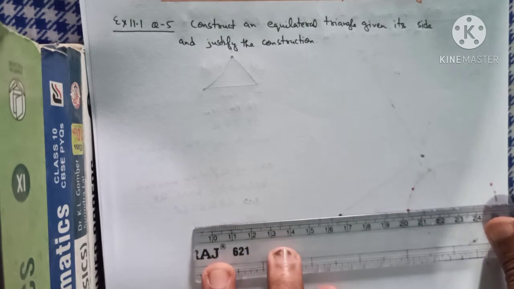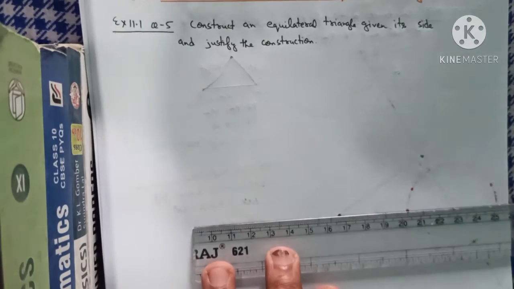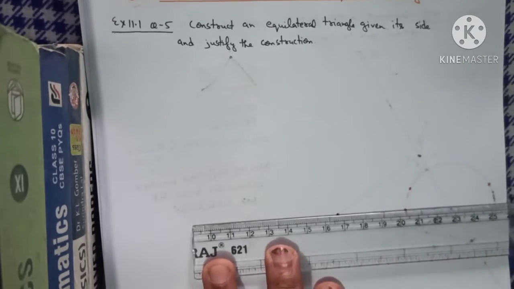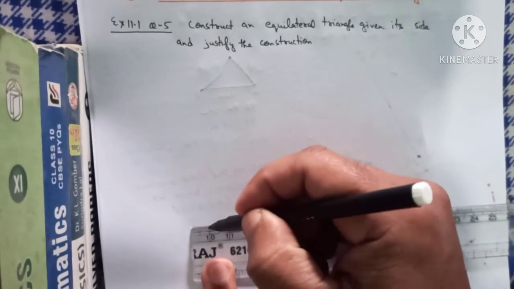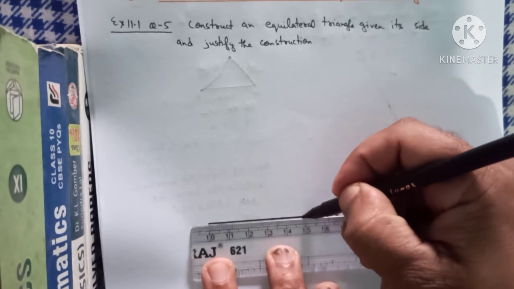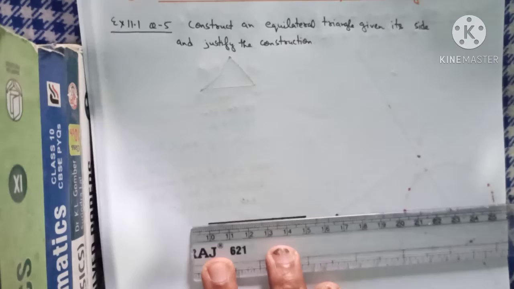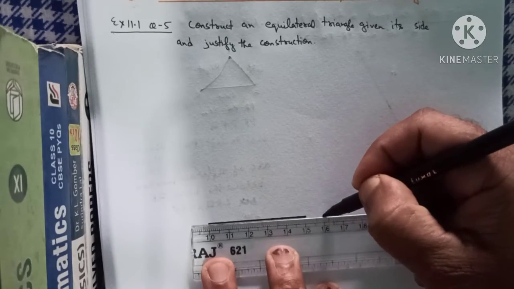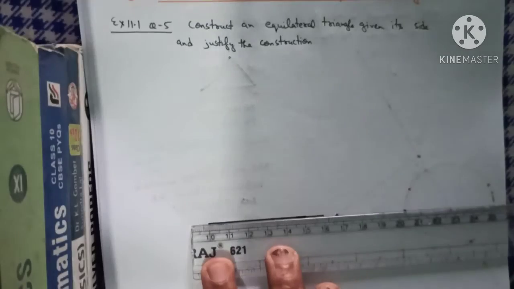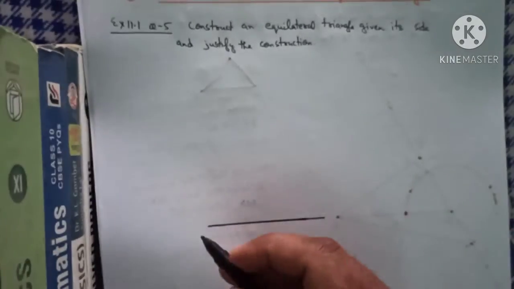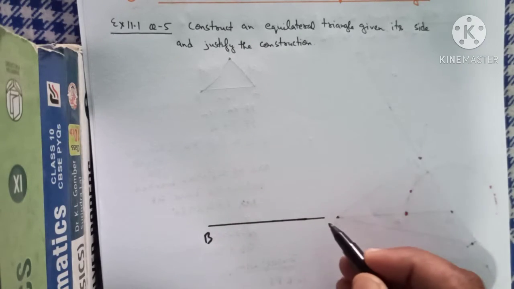So we will draw a ray, just a line segment BC, of any measurement. Here I have taken BC equal to 6 centimeter. You can take any measurement. So we will take a BC with some measurement.